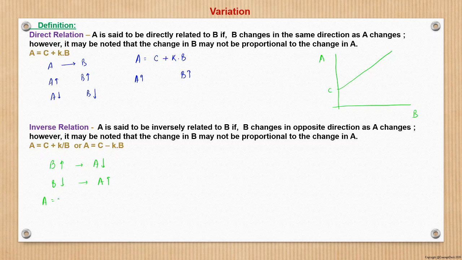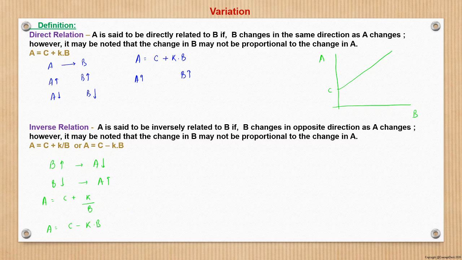A can be a constant upon B. Here if B increases, A will decrease; if B decreases, this value will increase and therefore A will increase. Or we can also write it in the form A is equal to C minus K times B. This is also a case of inverse relation.